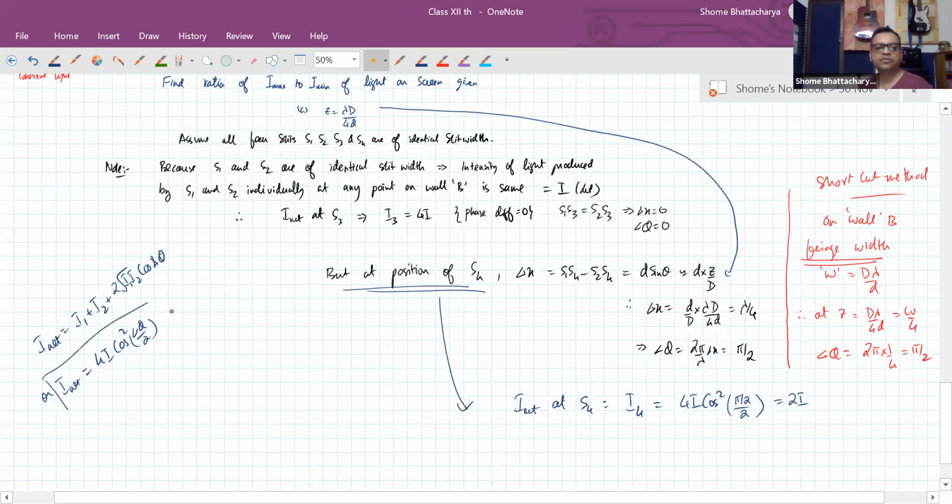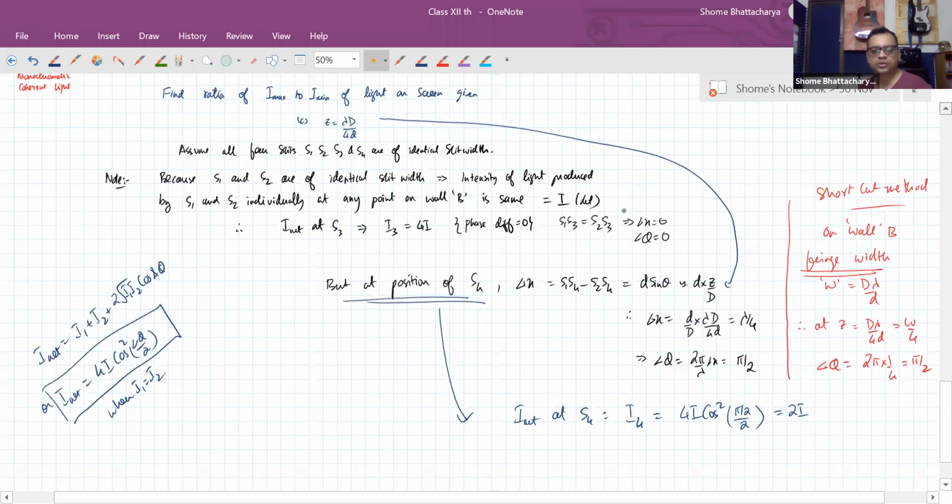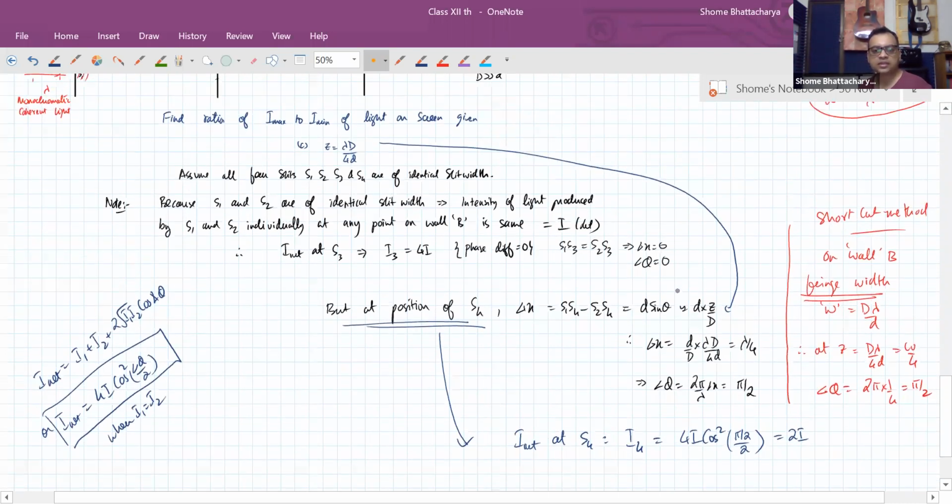This is a very critical formula in YDSE. We are assuming the individual slits S1 and S2 are of the same width, so they are creating intensity I each. So that is why at the position of S3, the maxima is there, so it's 4I from this. But at this position, I4 is becoming 2I.